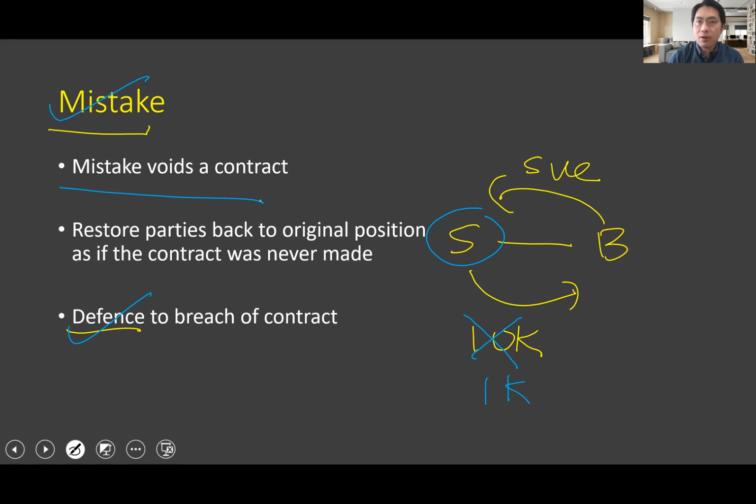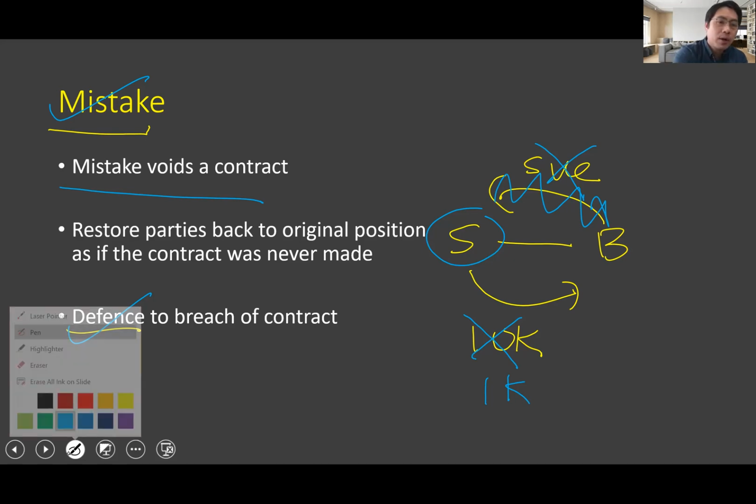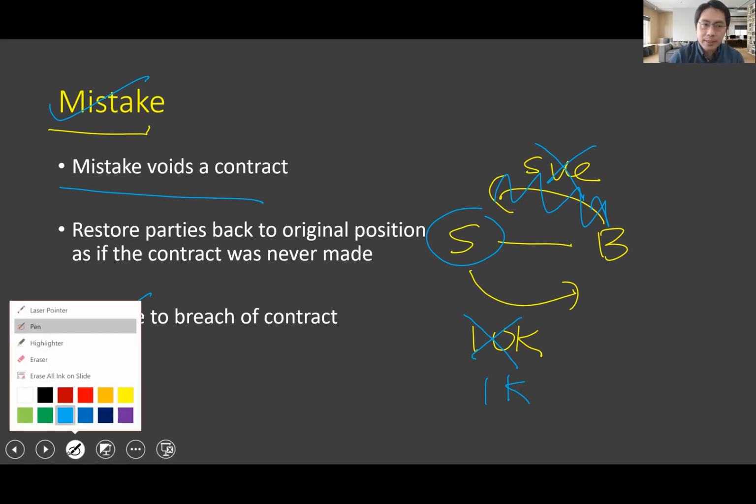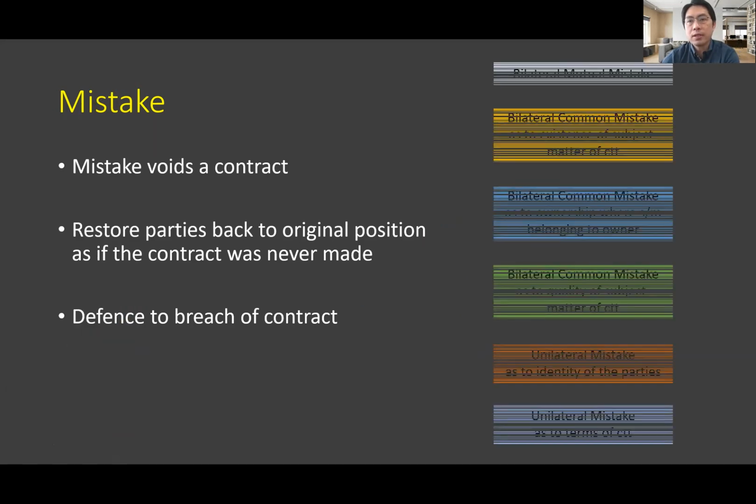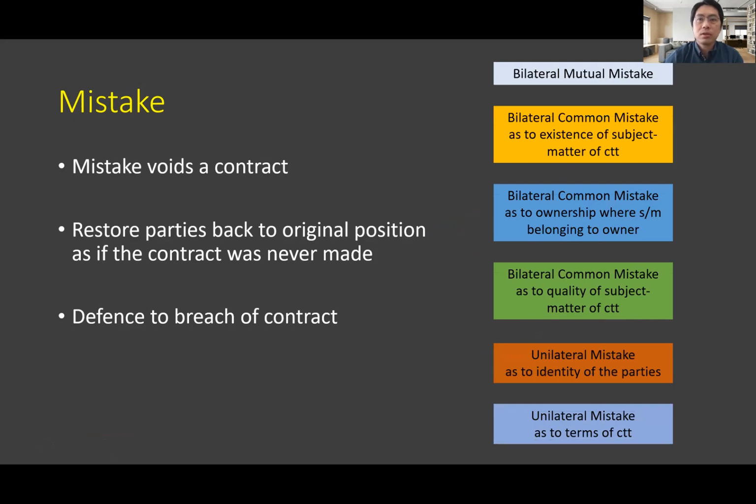That's how a seller, in this instance, can argue mistake to void the contract, and accordingly the buyer will not be able to sue, because effectively we will treat this situation as if no contract was ever made. It's void. Part of what makes this area complicated, as I said earlier, is that there are all these different types or categories of mistake.